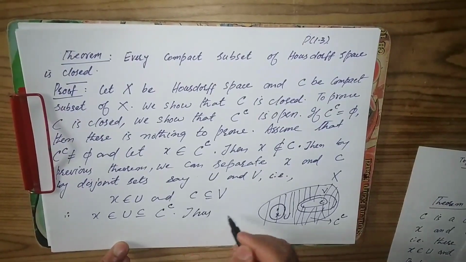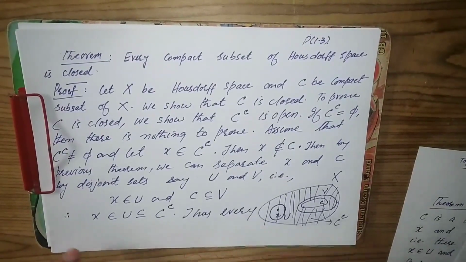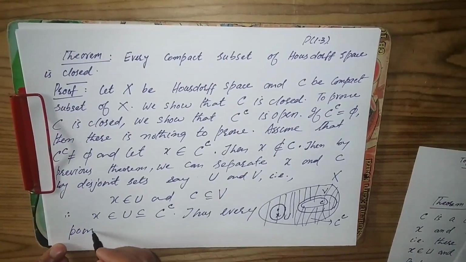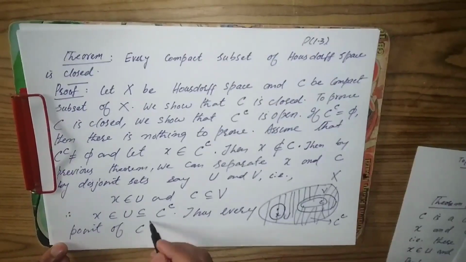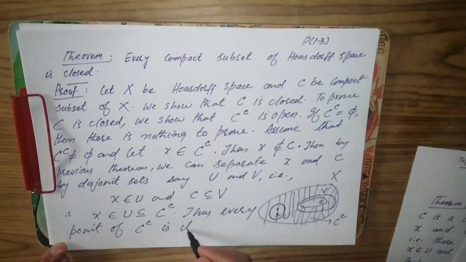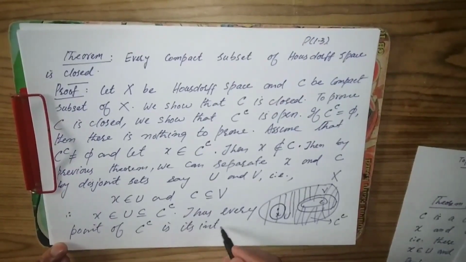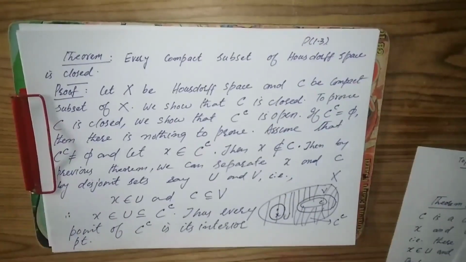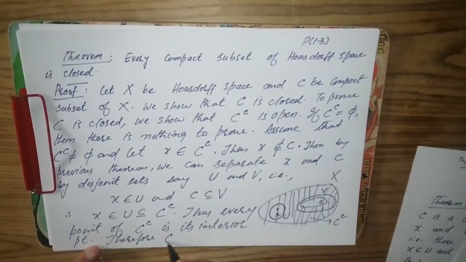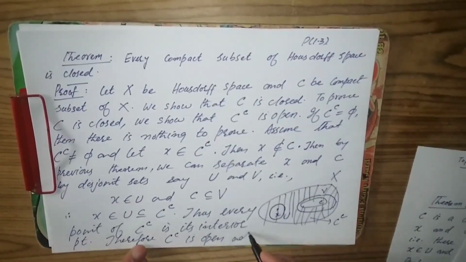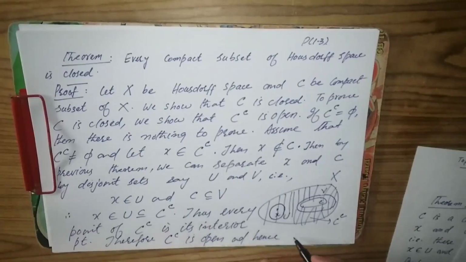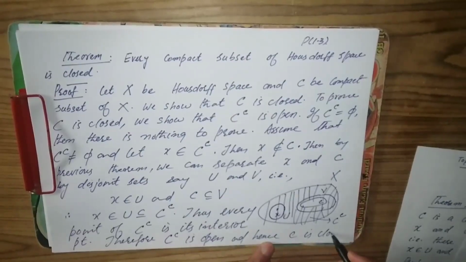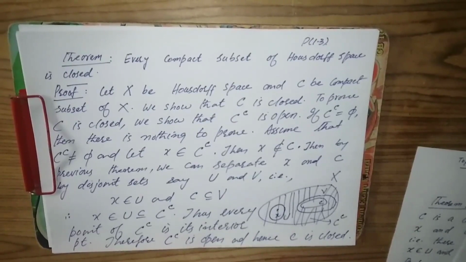Thus every point of C complement is its interior point. So therefore C complement is open and hence C is closed.